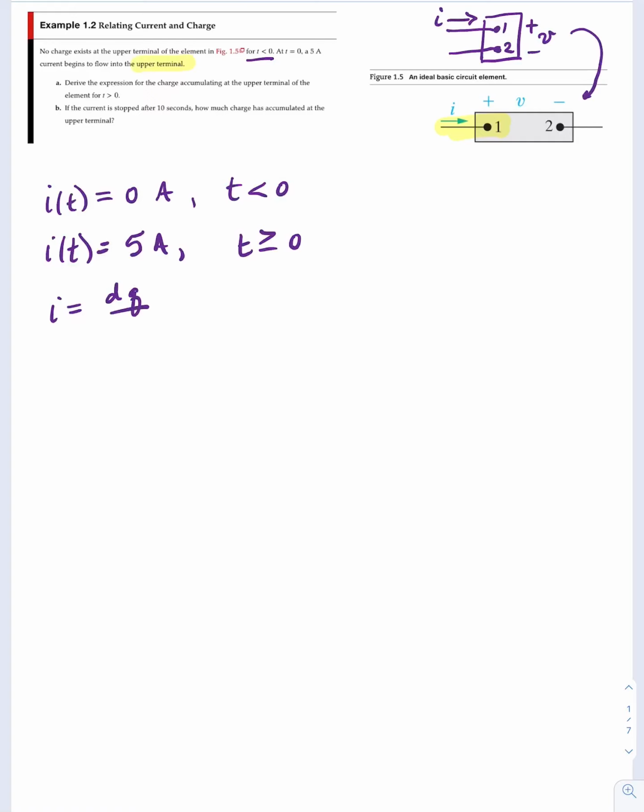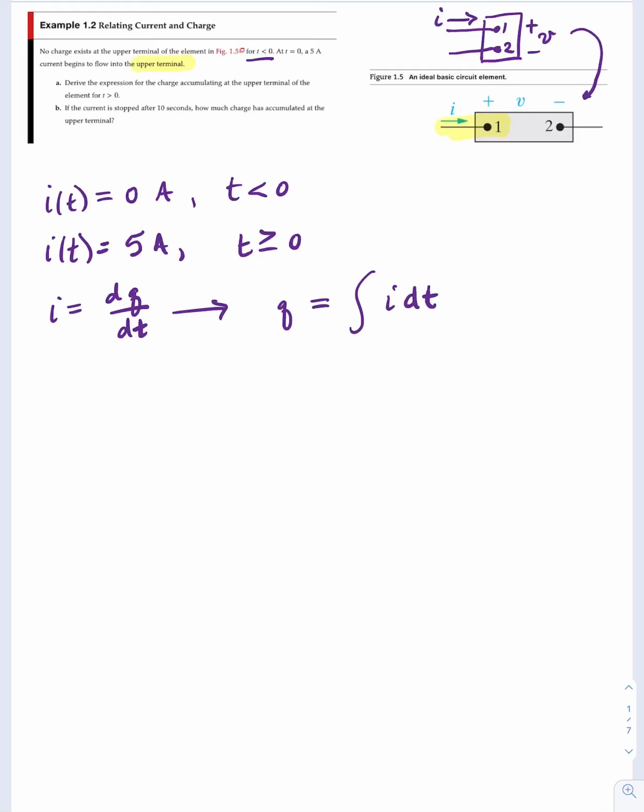So our current equation looks something like this. And if we multiply by dt on both sides, we get an expression for charge, which is the integral of current i dt.